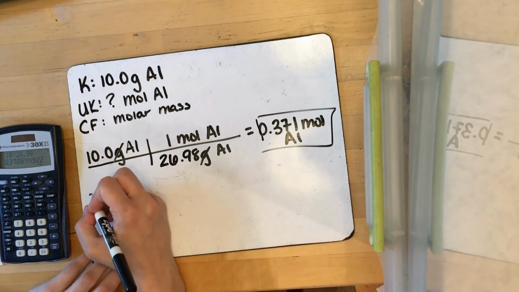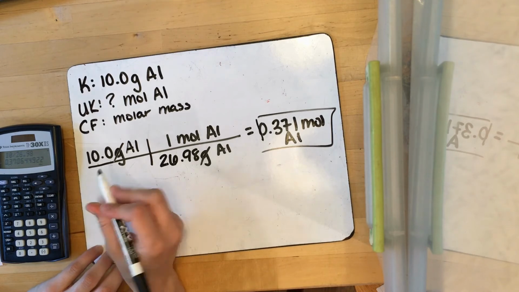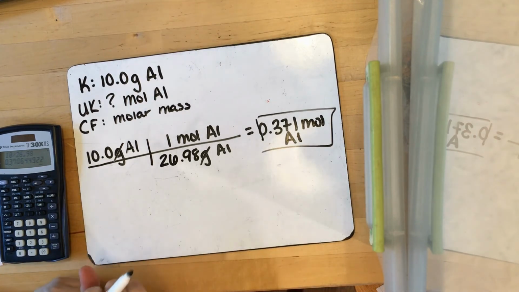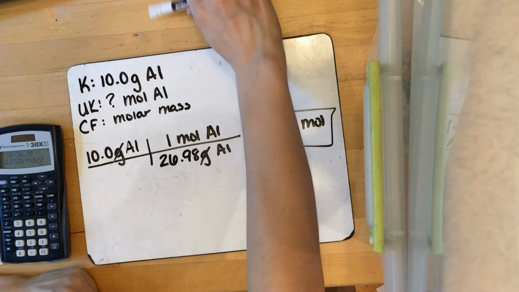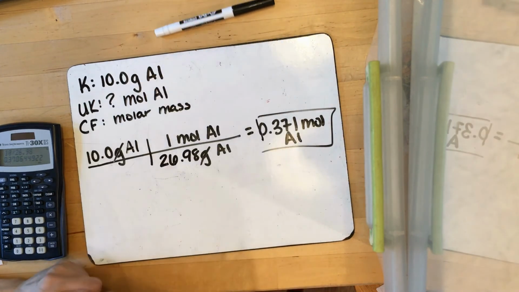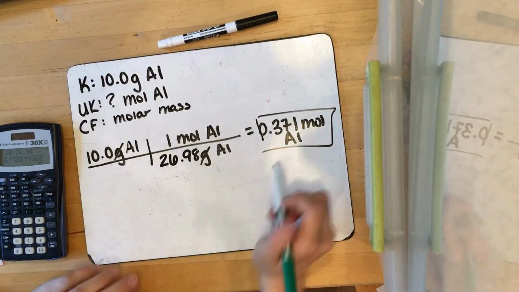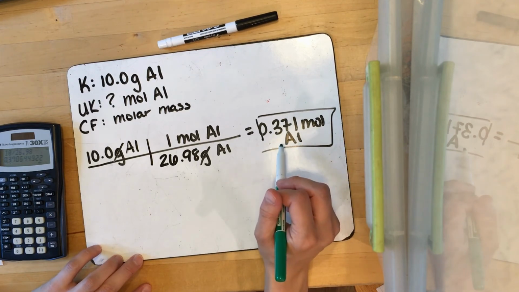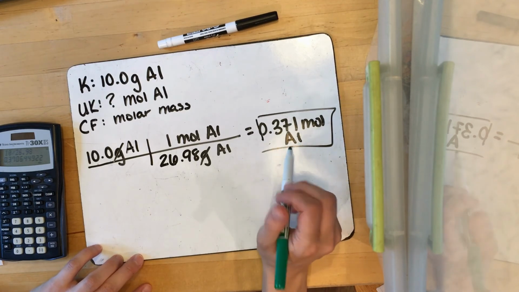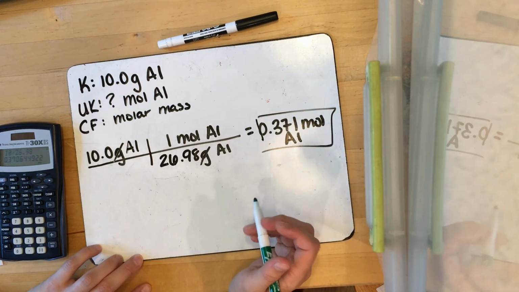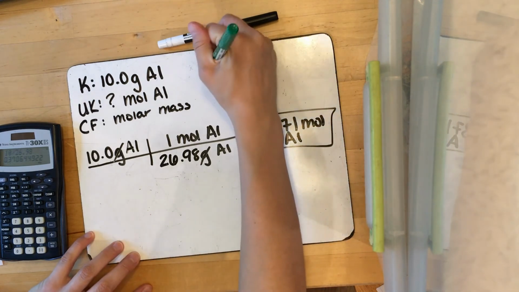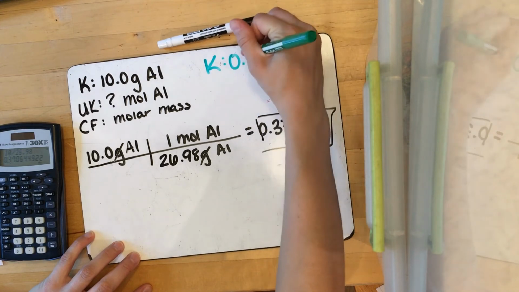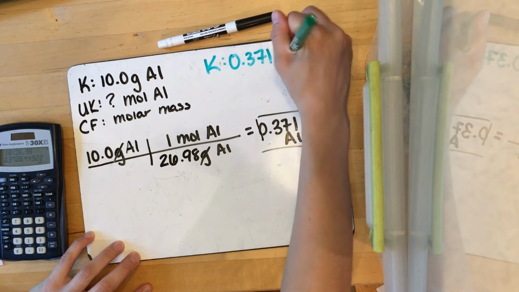Our second question is asking us to find the number of atoms. So it would be a good idea, instead of starting with grams, to just start with the moles that we've just calculated, because we can't go directly from grams to atoms, but we can go directly from moles to atoms. So for our known for this one, we're going to use this number we just calculated.